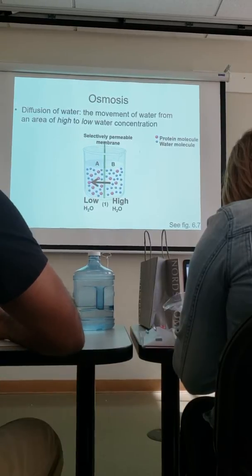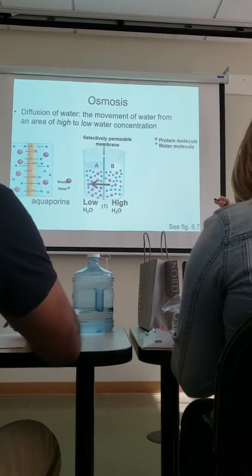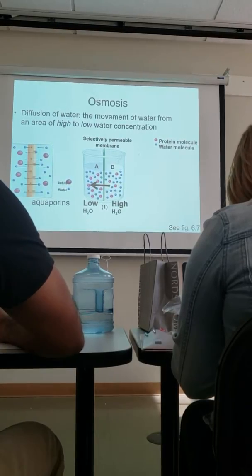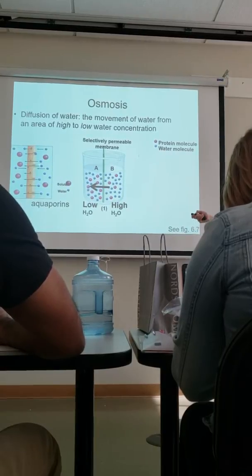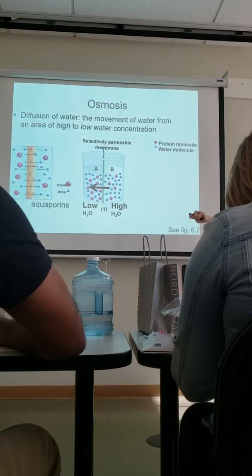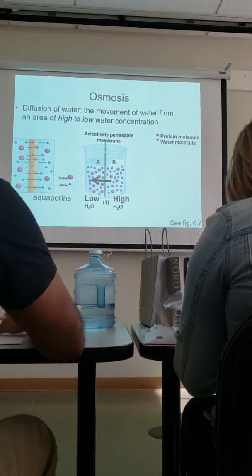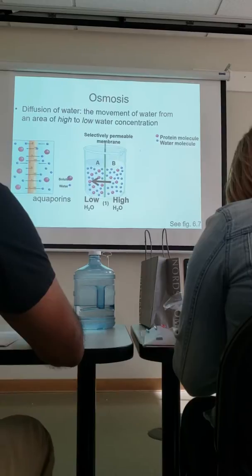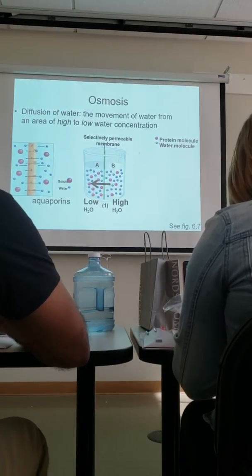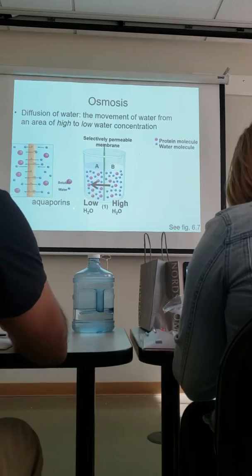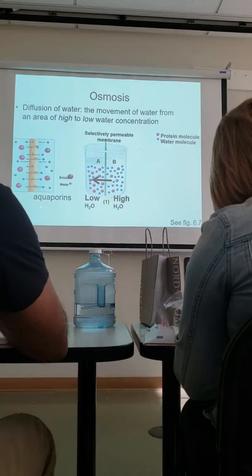So the water's going to move over in that direction, high to low. And the reason why the water can move over is because, remember, this membrane is selectively permeable. It allows only water to go across. So if you were to zoom in on this membrane, you'll see that all the little blue water molecules can fit across the little hole. But notice the big purple proteins cannot move, right? The membrane is not permeable to the protein. And in fact, a lot of times, if you want to just selectively move water across a membrane, we use these special little channels called aquaporin.